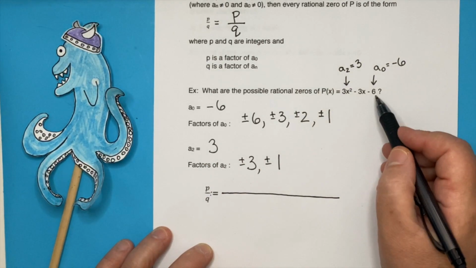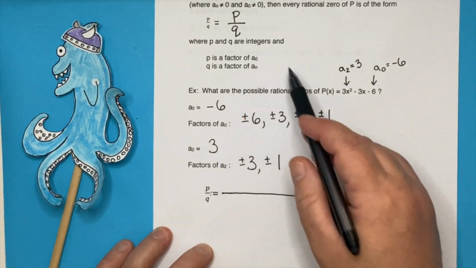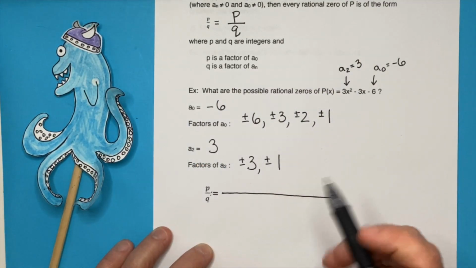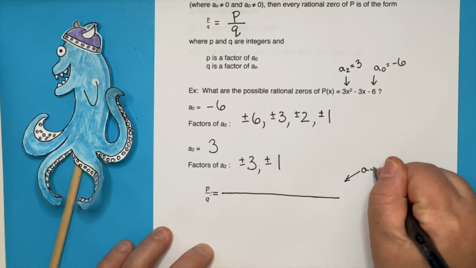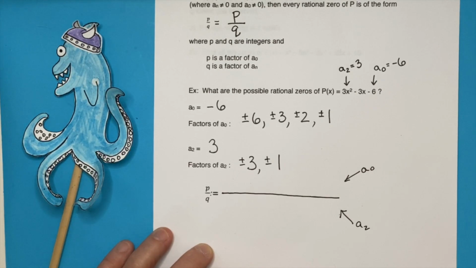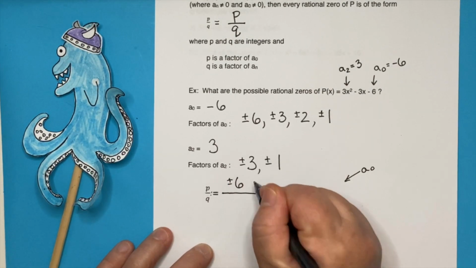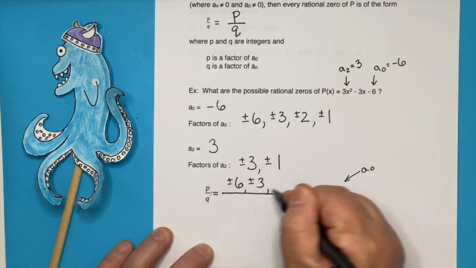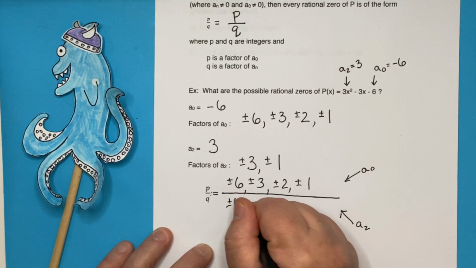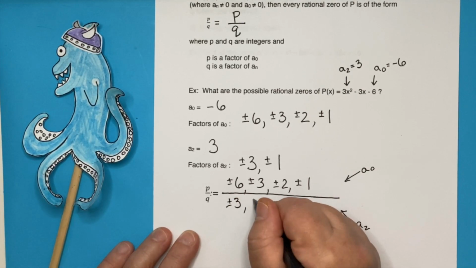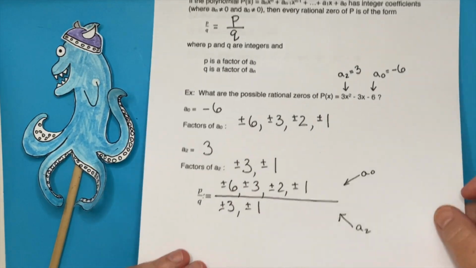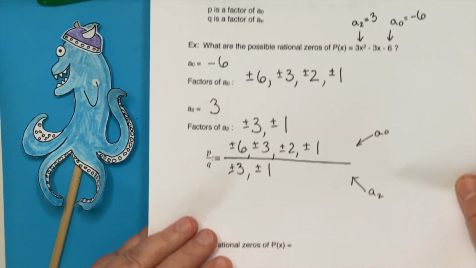The thing to remember is that a_0 goes on top and a_2 goes in the denominator. So plus or minus 6, 3, 2, 1 on top, and plus or minus 3, 1 on the bottom. Those are all the possible numerators and denominators.